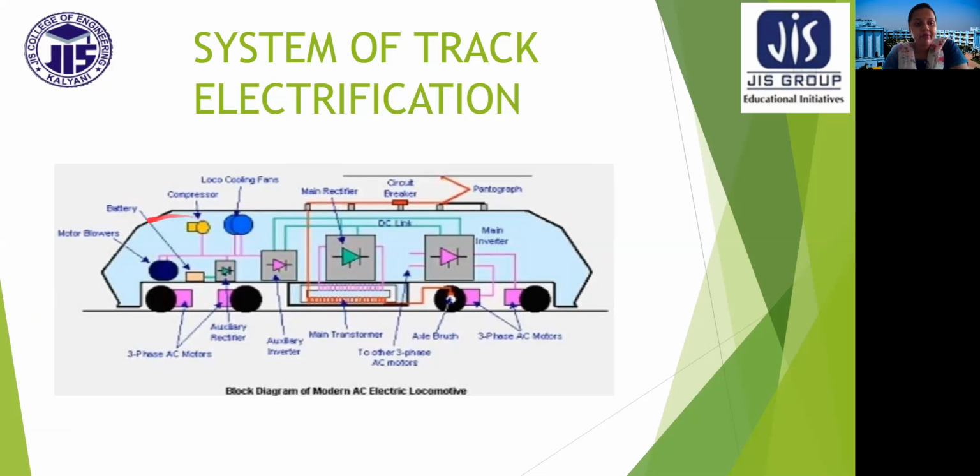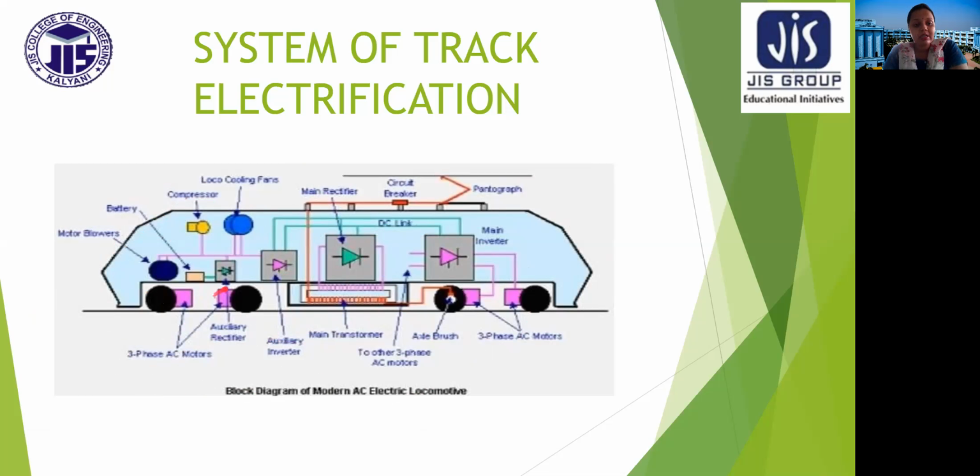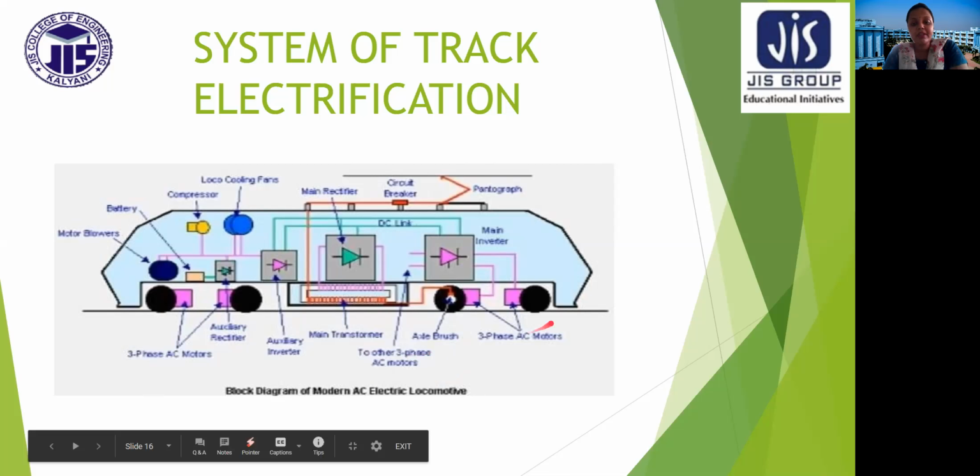From the pantograph, the power is transferred first to this rectifier and then to the different motors, and these are the parts on the railway wheel. These are the auxiliary inverter parts. This is the main transformer where the step down takes place, and then two other three-phase AC motors. So this is the total block diagram of an AC electric locomotive.